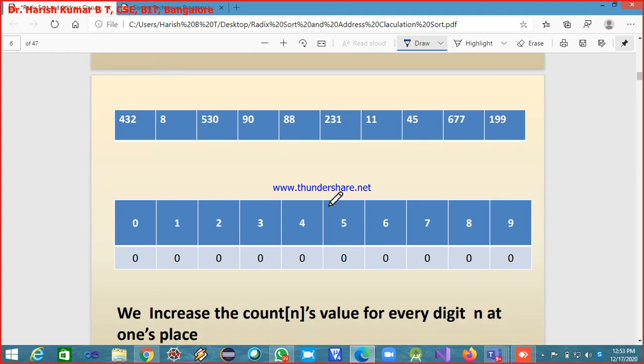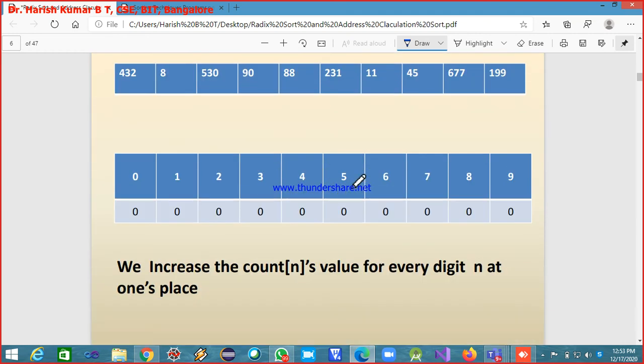Now that is what we are doing here. So this is my original unsorted array. Now I have written these indexes: 0th index, first index, second, third, fourth, fifth, sixth, seventh, eighth, and ninth, and all of them are filled with zeros now.